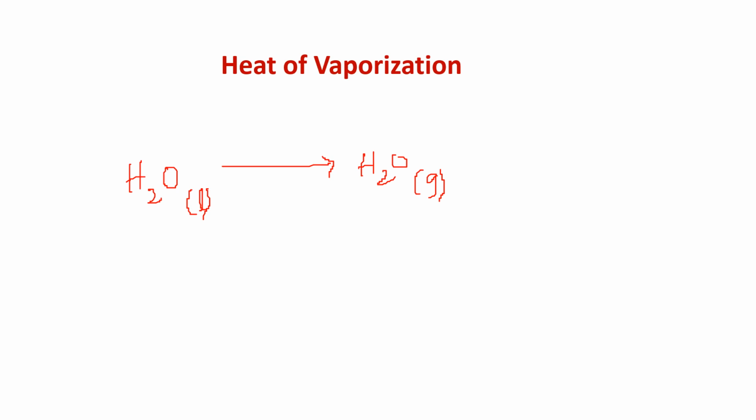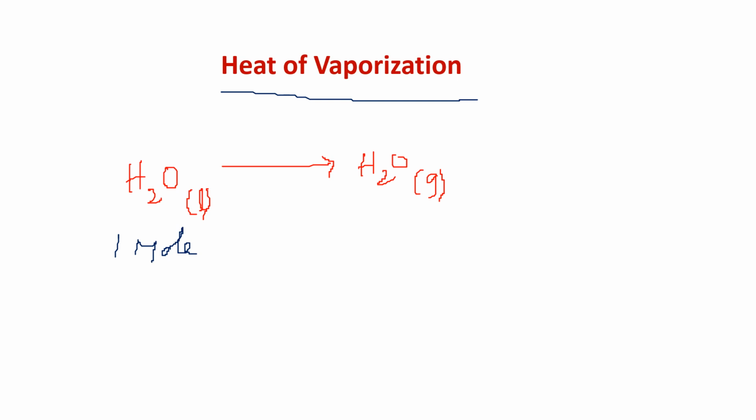At this stage, the amount of heat required to vaporize 1 mole of H2O, taking 1 mole as a standard, 1 mole of liquid into 1 mole of gas, that is vapor. So how much heat is required? That is known as heat of vaporization.